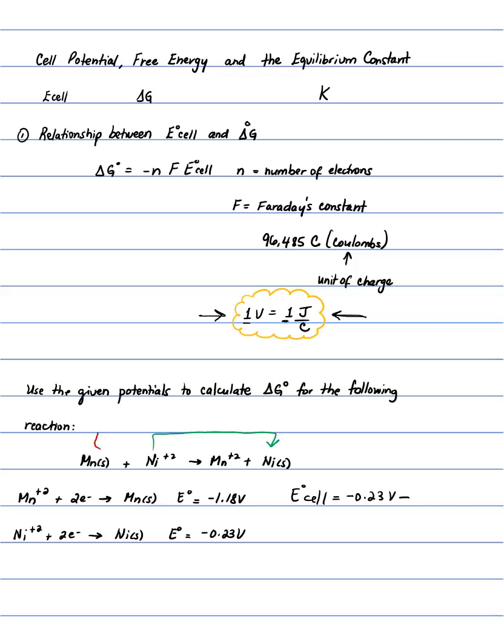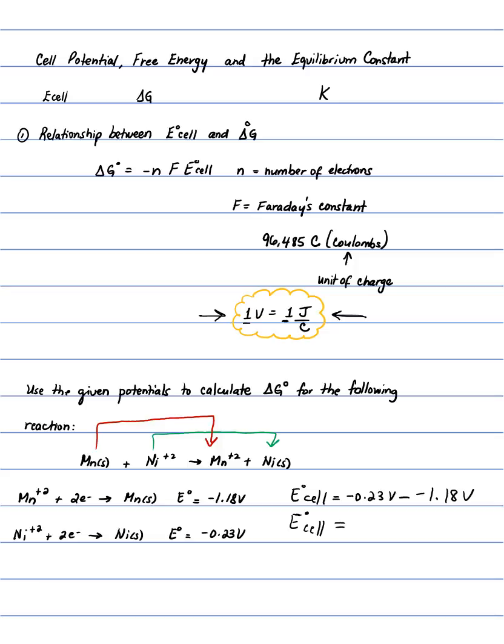Oxidation goes right here, manganese solid to manganese plus 2. And for the reaction for manganese, we have negative 1.18 volts. And you can get your E cell.